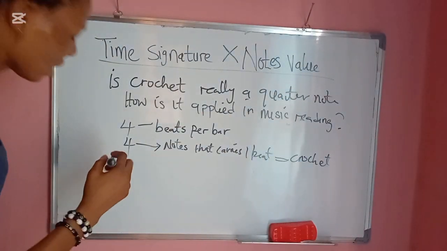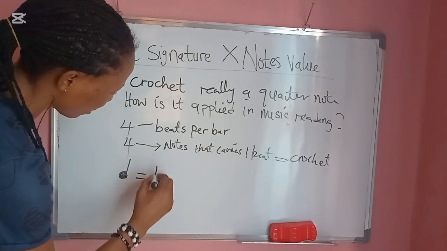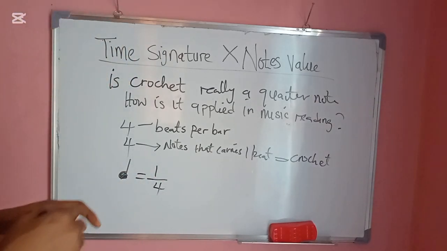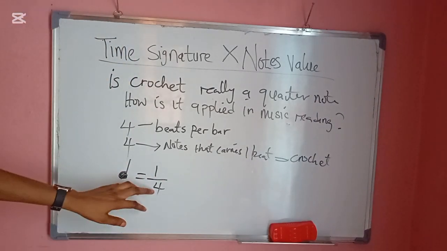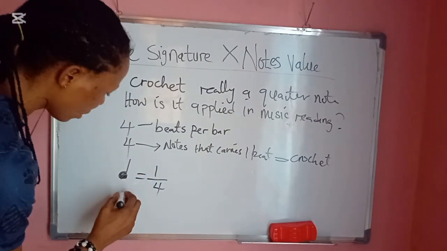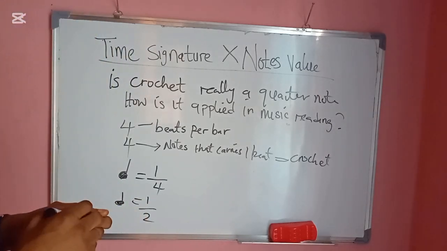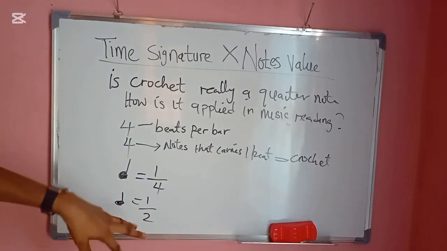Is crochet really a quarter note? Remember, when you're writing this, you see that it has this note value. You see, it has 4 and 1, and other notes also have 1. Every note has the upper number as 1, like half.